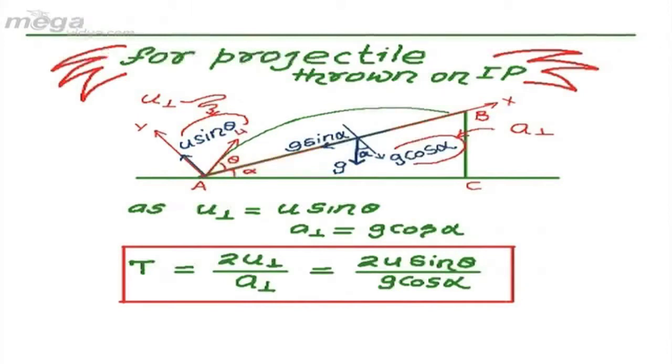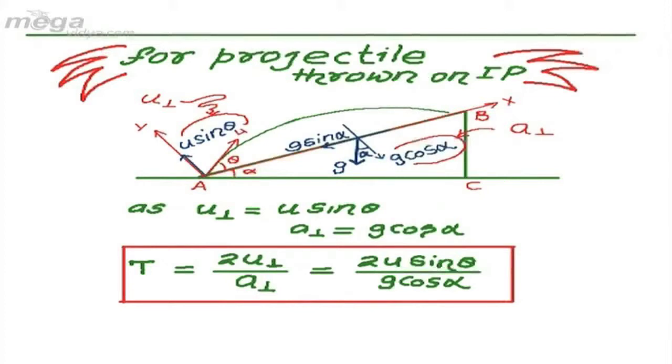So I will write a perpendicular to be equal to the component of g perpendicular to the incline, meaning g cos alpha. So by using a similar relation, we can get the time of flight of this projectile on the incline equal to 2u sine theta divided by g cos alpha.